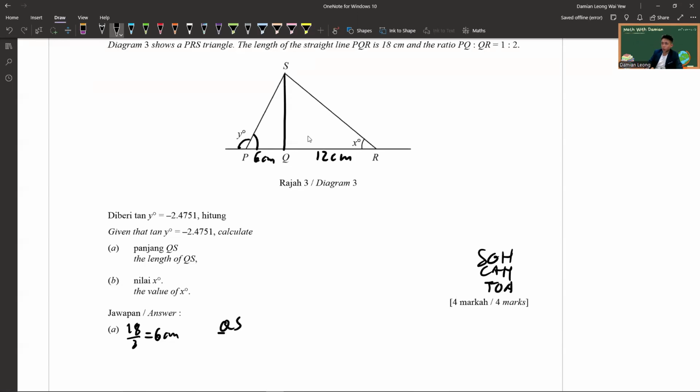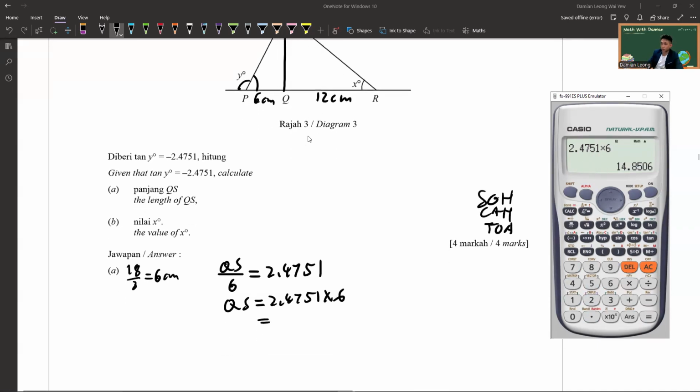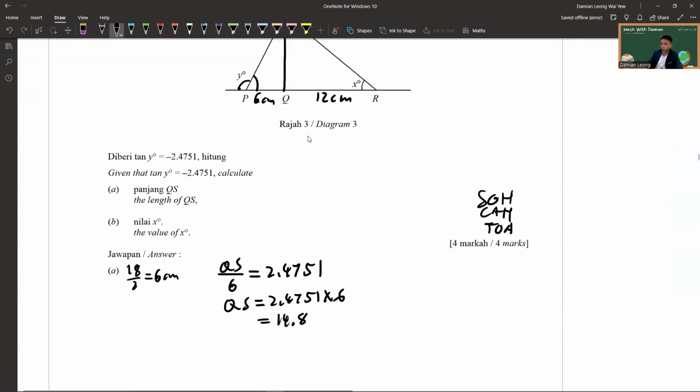Means QS over 6 equals 2.4751. Yeah. So QS would be 2.4751 times 6, which is 14.8506. So I just take 14.85 lah.